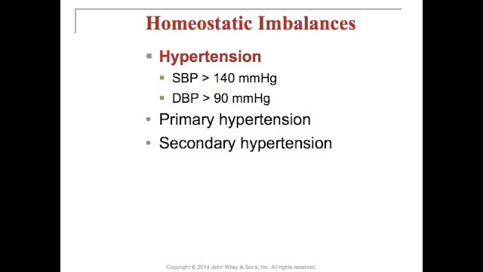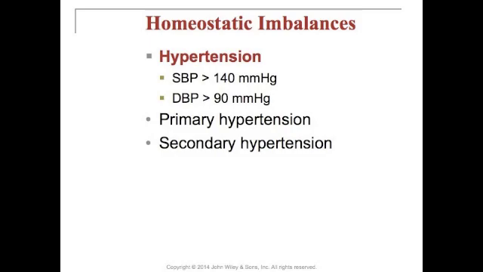These new guidelines are as follows. Normal blood pressure, the systolic less than 120 and the diastolic less than 80. Elevated blood pressure is where the systolic is between 120 to 129 and the diastolic is less than 80. Hypertension stage 1, systolic pressure is between 130 to 139 and the diastolic is between 80 and 89.